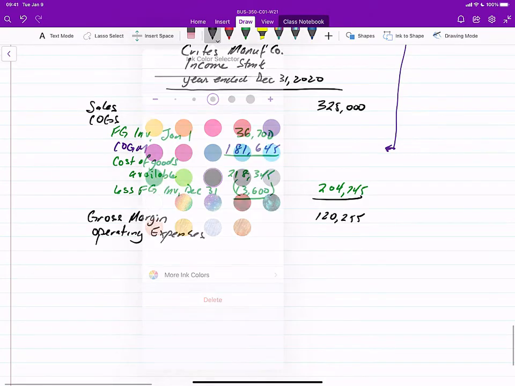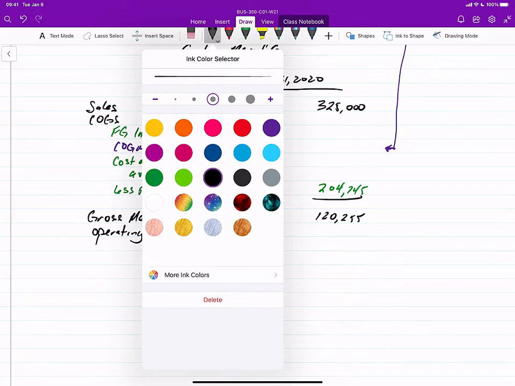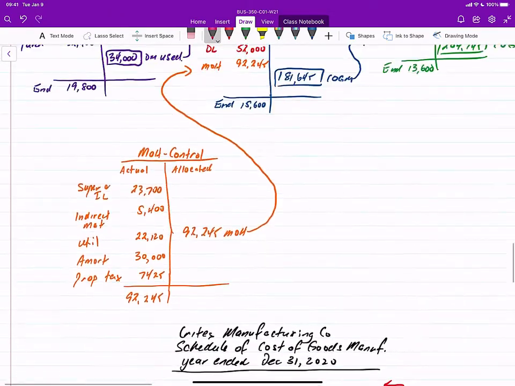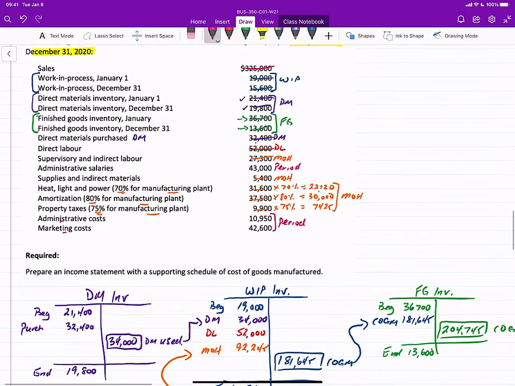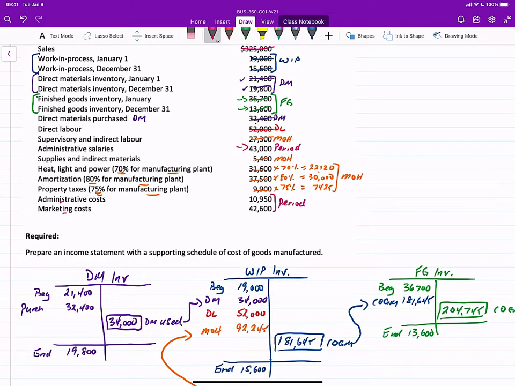And this is where we include all of our period costs. And so if we look at all the period costs, we've used up the sales. And so what we have left then are the administrative salaries, the marketing costs, and the administrative costs, but also the other percentages of the utilities, amortization, and property taxes.